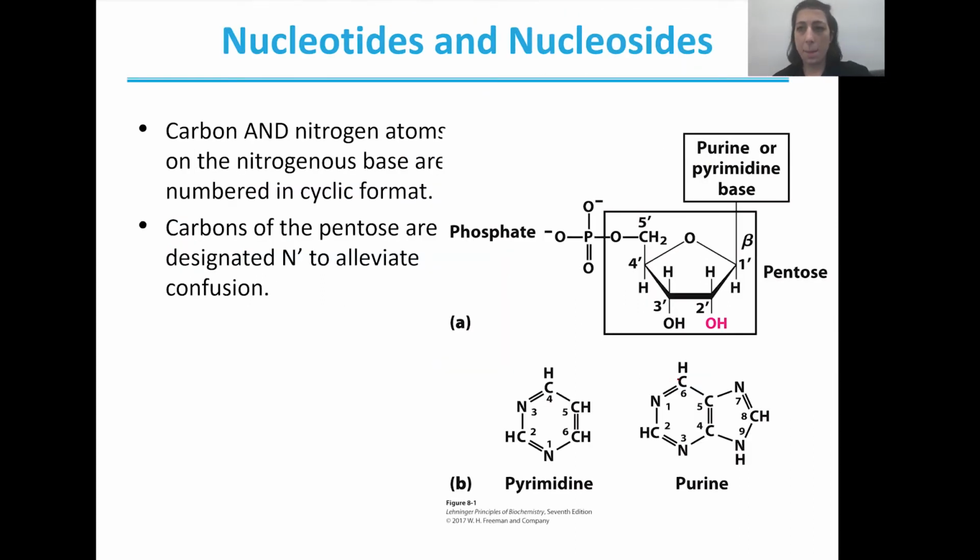So let's get a better look at what makes up a nucleotide and also some of the numbering that we use for nucleotides. So again, a nucleotide is built up on a pentose sugar.